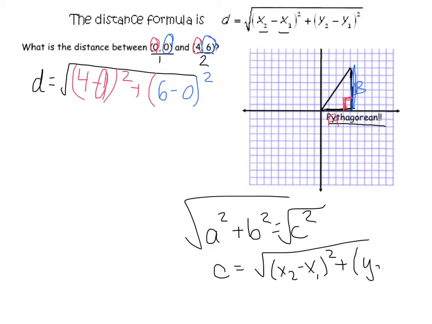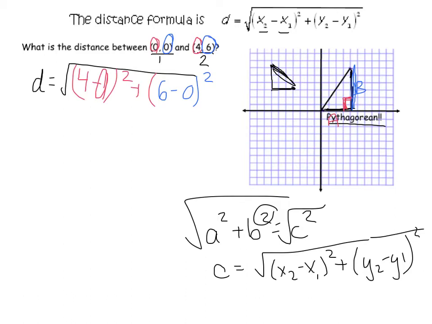So that is your y2 minus y1, squared, because it's b squared. And if you forget the distance formula, think about it on a plane like this. Even if you had a point way up here and a point down here, the distance straight across is still going to be that hypotenuse there.